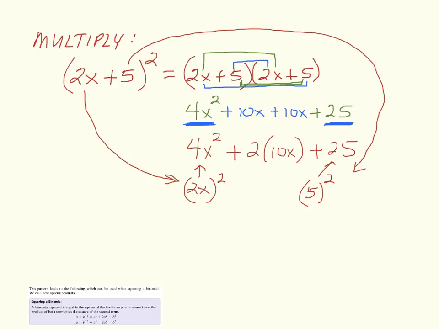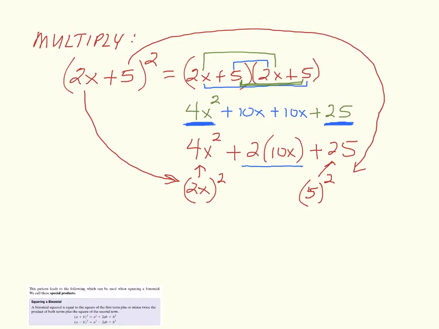Now, where did the middle term come from? The middle term right here came from taking the first term in our binomial, 2x, multiplying it by 5. 2x times 5 is 10x.